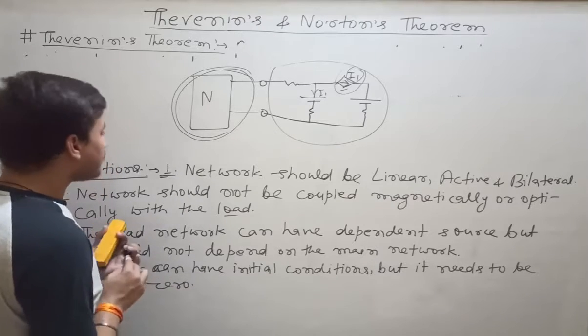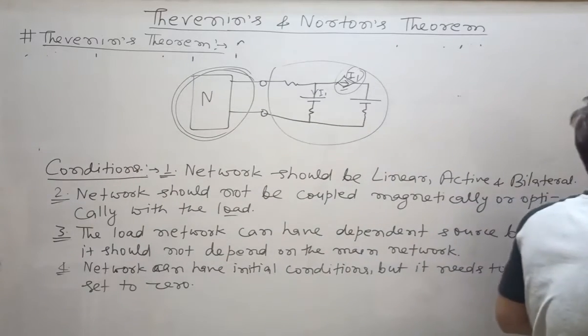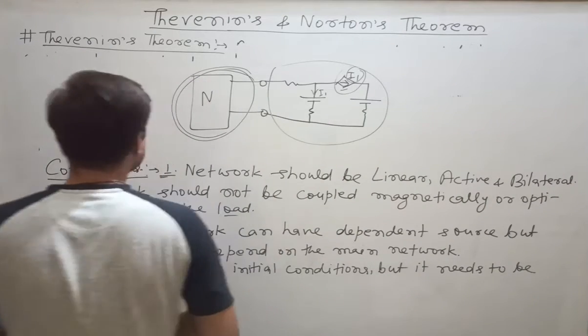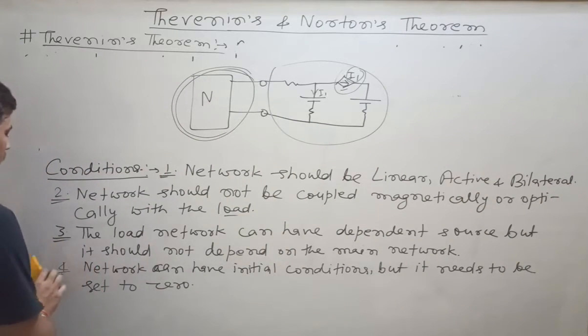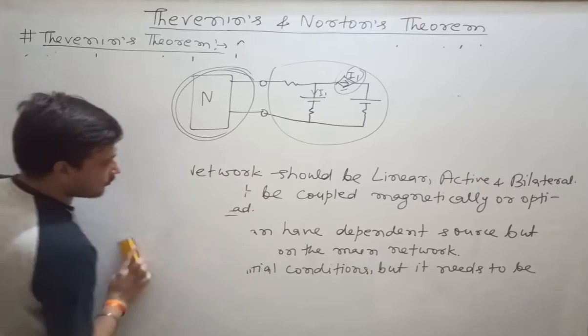This network can have initial conditions, but when you are drawing the Thevenin's model, then you will have to set it to 0. Clear? So now I am drawing the Thevenin's model.